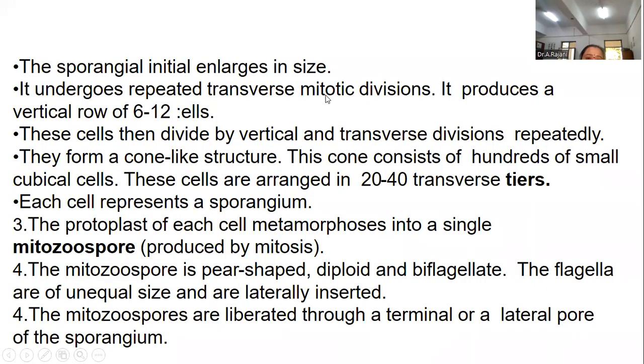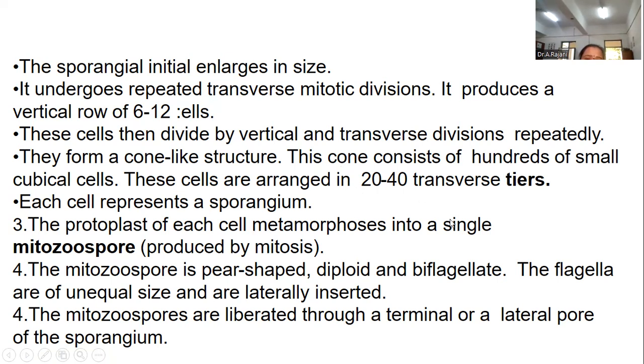Here also, mitospores, in the unilocular, meiospores form. Here the sporangial initial enlarges, after mitotic division forming 6 to 12 cells. Each and every cell undergoes vertical and transverse divisions and forms cone-like structures. This cone consists of cube-like cells, 20 to 40 transverse cells.